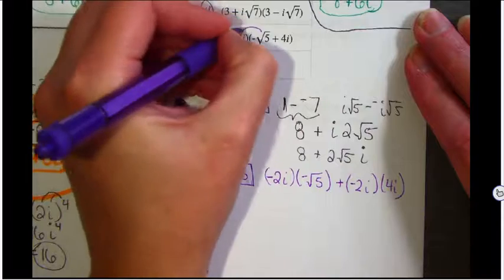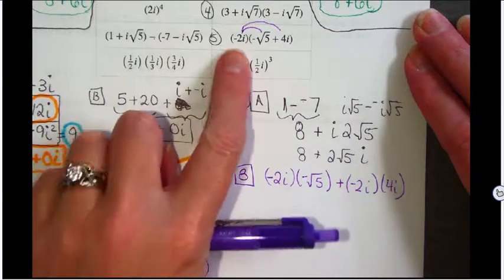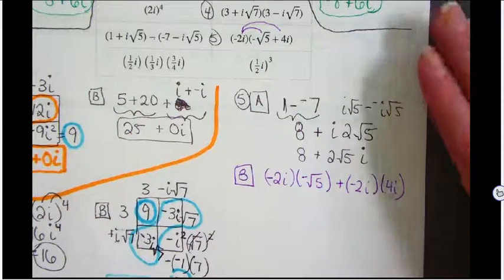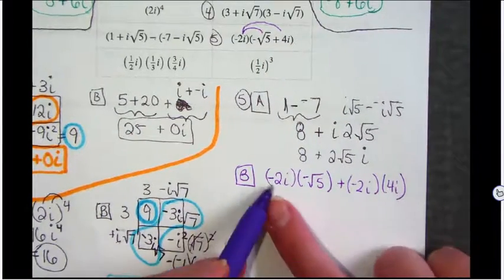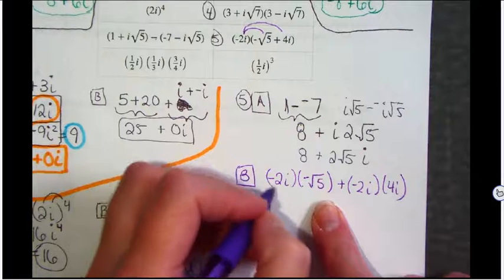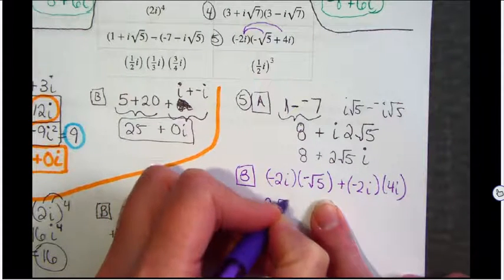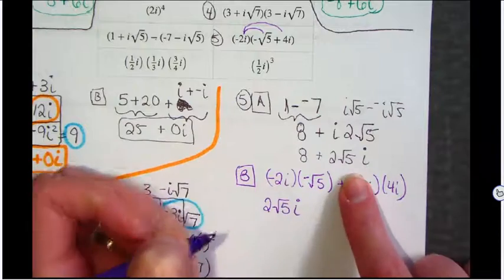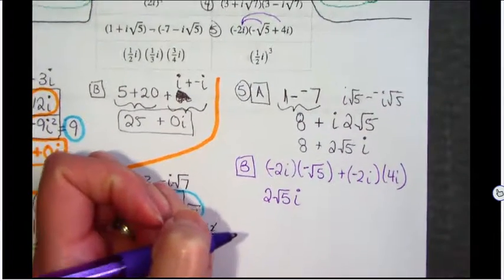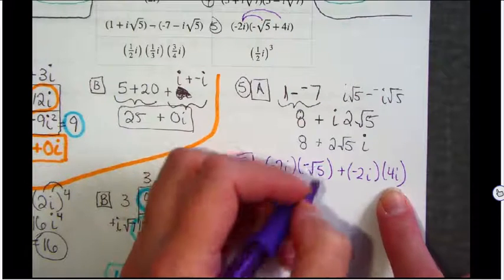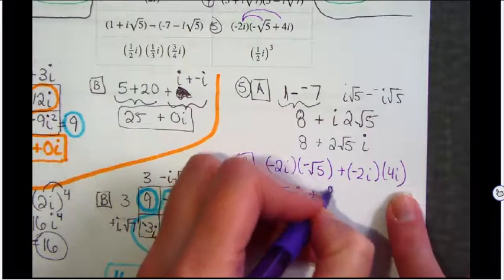So we're distributing that negative 2i multiplication against each of these two terms. All right, negative times negative is a positive. 2i times square root 5 gives us 2 root 5 i. Ooh, there's a perfect match. I already know that one. That's pretty cool. And that must mean that over here I've got negative 2 times a positive 4. Negative times positive is a negative 8.